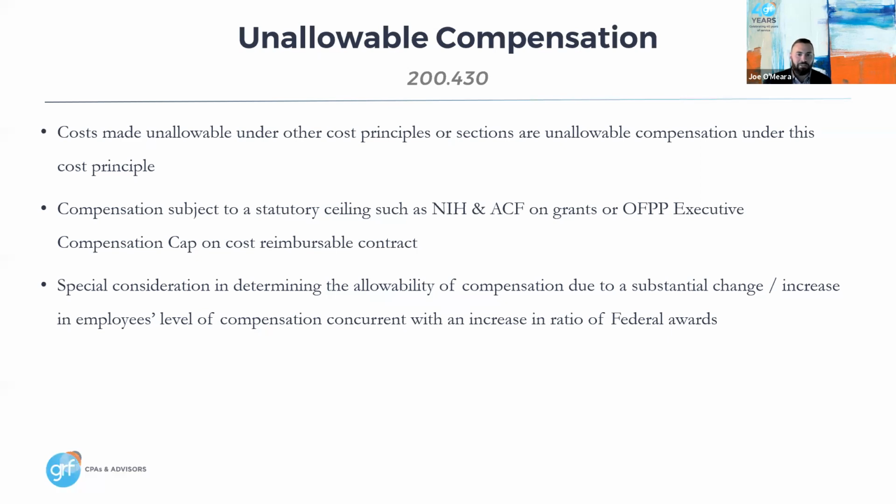If all of a sudden you decide to give everyone working on federal awards a 50% pay increase just because you're feeling generous that day, likely not going to consider that to be allowable.